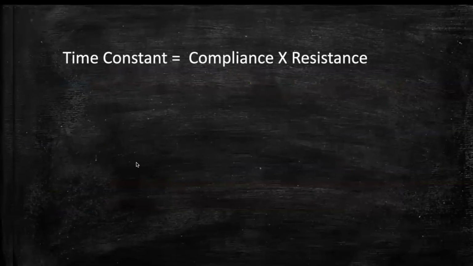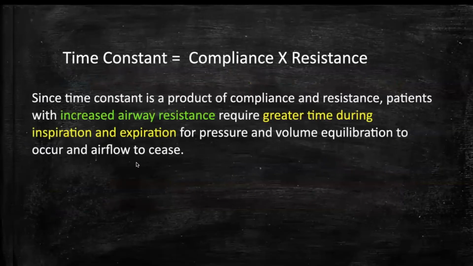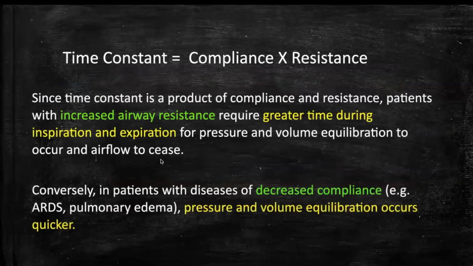So as we know, time constant is equal to compliance times resistance, and increased airway resistance naturally will require greater time during inspiration and expiration for the pressure and volume equilibrium to occur and airflow to cease. Conversely, in patients with diseases of decreased compliance like pulmonary edema, ARDS, the pressure and volume equilibrium occurs quicker.